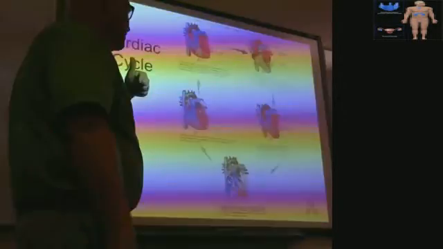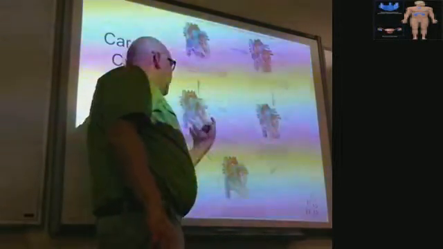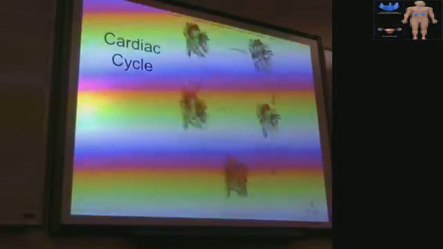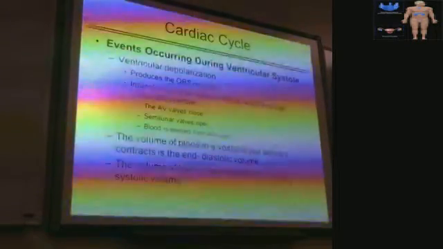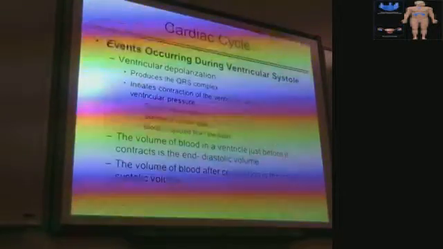Atrial systole pumps the blood back into the ventricles, filling the ventricles back up. Diastole fills the ventricles by relaxing the ventricles and contracting the atria.